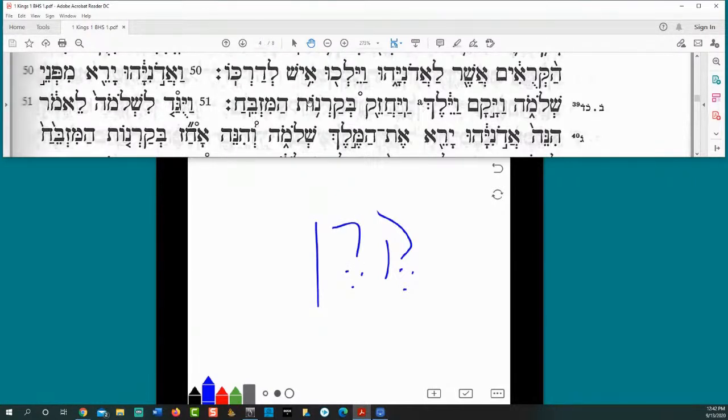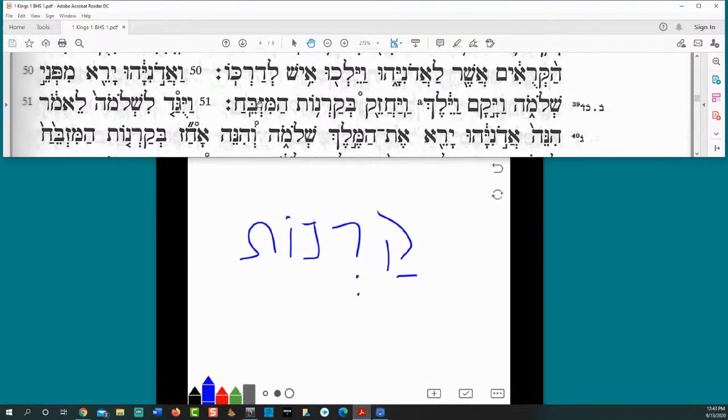When it goes to the plural, karnot, it's going back to its one syllable base. So he grasped the horns of, karnot, hamizbeach.